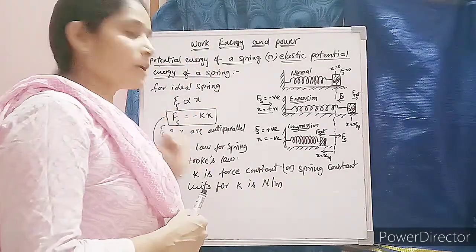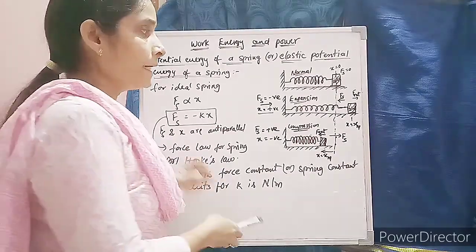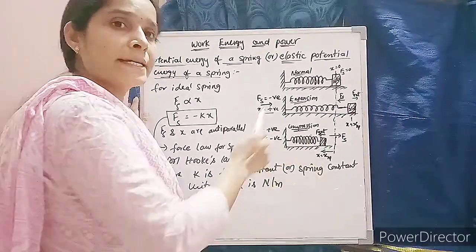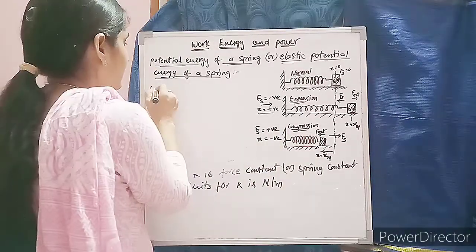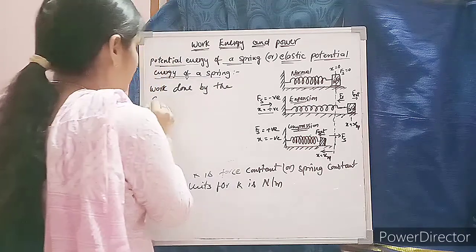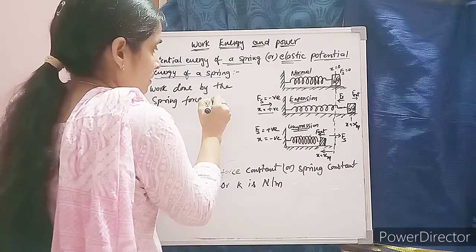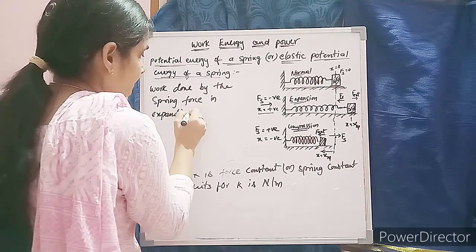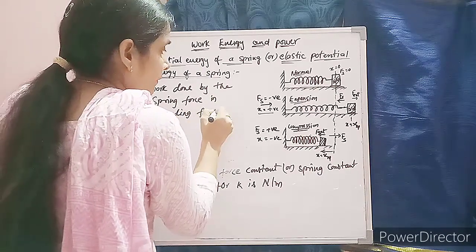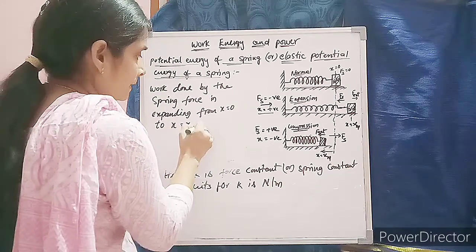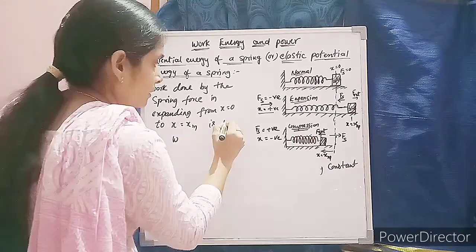Work done by the spring force when it stretches or is compressed from x equal to 0 to x equal to xm. The work done by the spring force in expanding from x equal to 0 to x equal to xm is Ws.